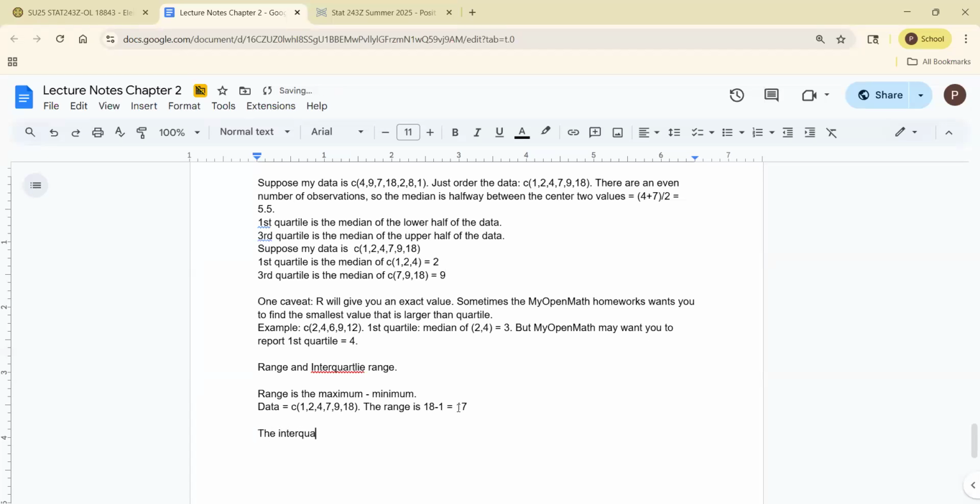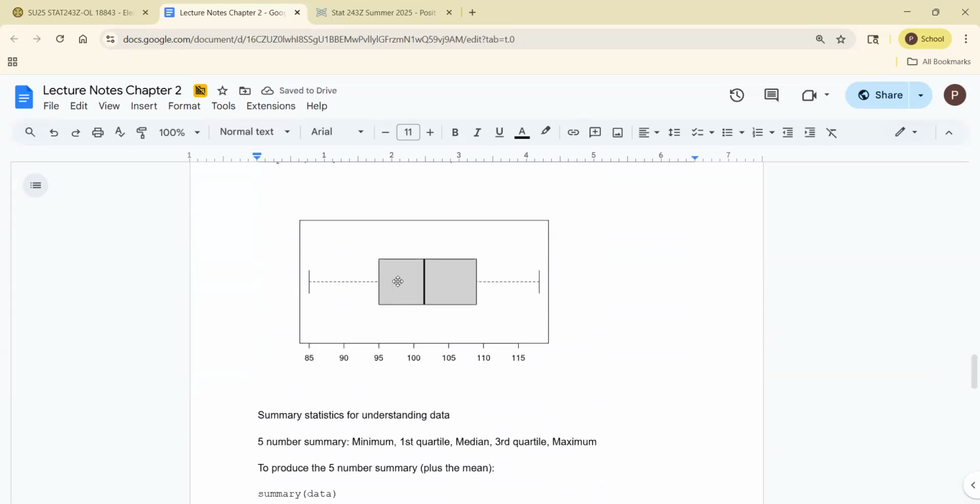The interquartile range is the third quartile minus the first quartile, which is how spread out the middle half of the data is. Because remember, the third quartile to the first quartile is this box here, so it represents the middle half of the data.